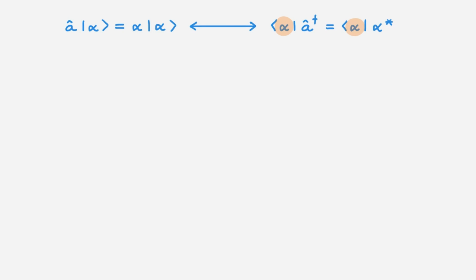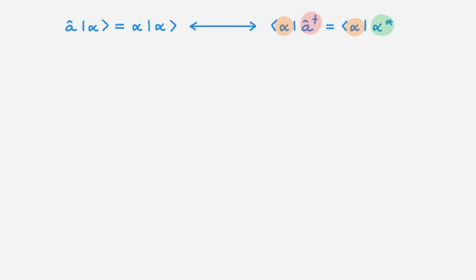To do so, we will write again the defining equation of a coherent state, and we also consider the corresponding expression in dual space. To get this, we take the usual approach of turning all kets into bras here and here, all scalars into the complex conjugates here, and all operators into their adjoints.